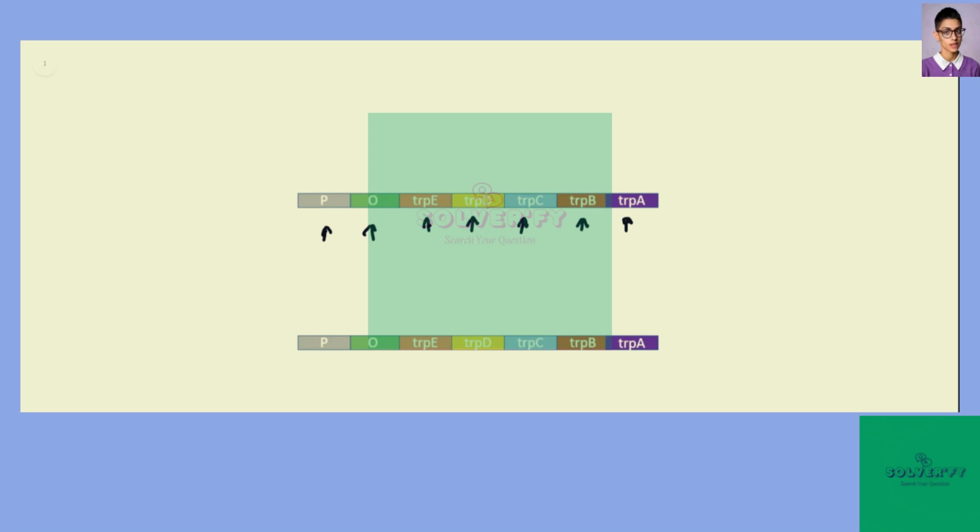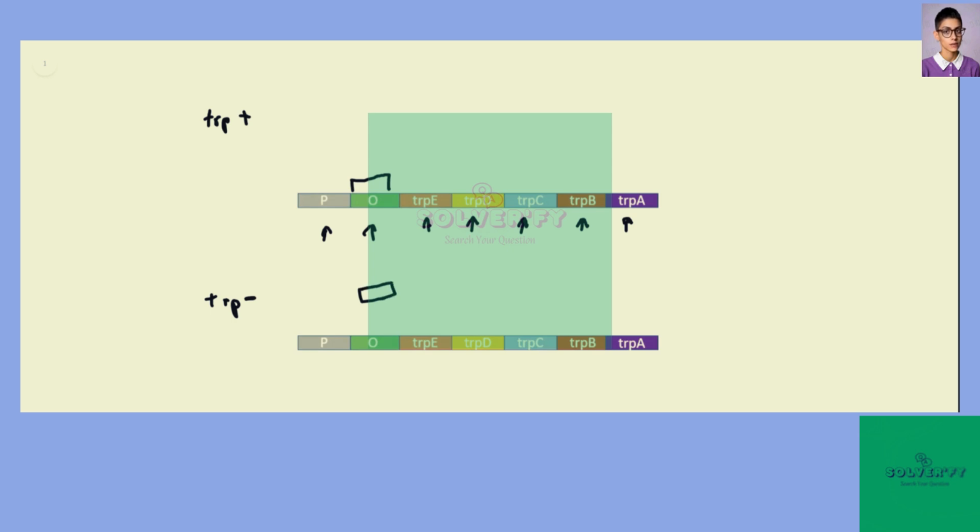Now, when tryptophan is present in the diet, you do not want to make these enzymes because you have tryptophan. So if you were to block the activity of this operon, then you would want the repressor to be on. Okay. On the other side, if tryptophan is absent, you want the repressor to be off.